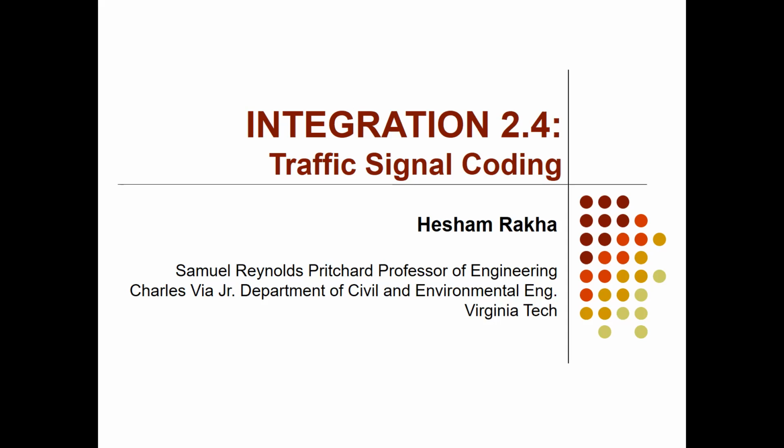It tracks the movement of vehicles every decisecond, so 0.1 seconds. So we're tracking every vehicle as it moves through the network every decisecond. The unique thing about integration is that it is computationally very efficient.